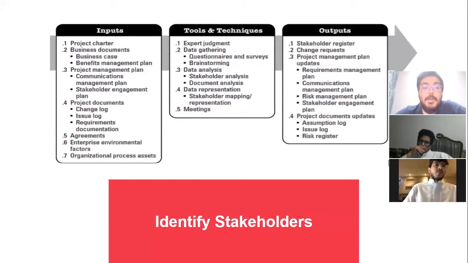Third, the project management plan, which includes the communication management plan and stakeholder engagement plan. The fourth input is the project documents, the fifth is the agreements, the sixth is the enterprise environmental factors, which we call EEF, and the seventh is the organizational process assets, which is OPA.